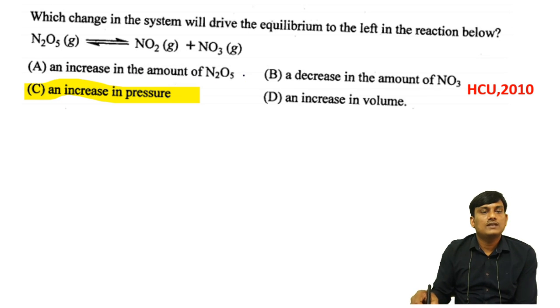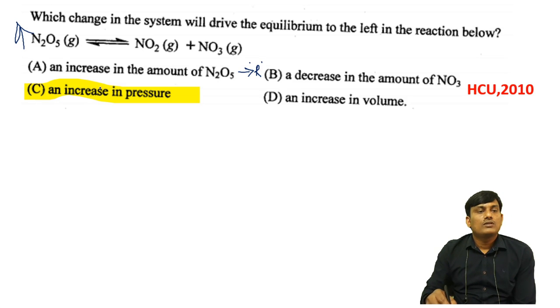When you increase N2O5 concentration, the equilibrium moves towards the right side. A decrease in the amount of NO3: when you decrease the amount of NO3, the equilibrium will be shifted in such a direction in which there is an increase in the concentration of NO3. Again, right side.